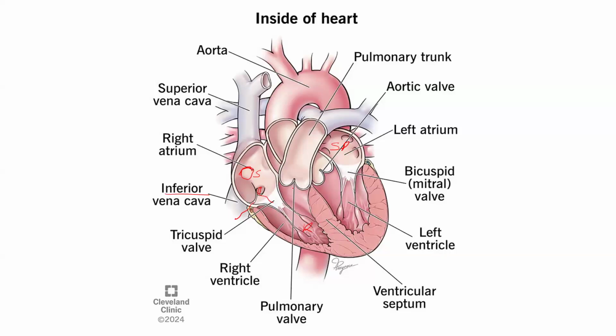For the right side, the outflow part is the conus arteriosus, and on the left it is the aortic vestibule. You need to remember the parts of the atria and the ventricle, because this is what we'll be discussing. That is just the basic anatomy, an easy one.